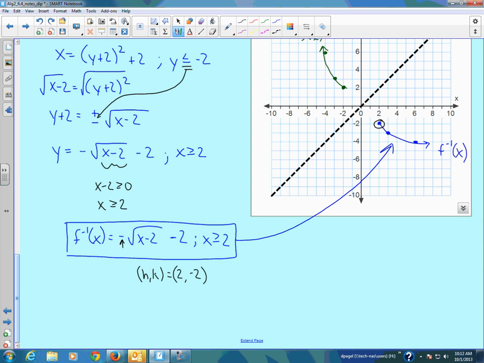And this says that all my x's must be greater than or equal to 2, and I can physically see that on my graph over there. Sometimes it's more helpful to draw the reflected graph, then use that reflected graph to verify the answer on your inverse function.